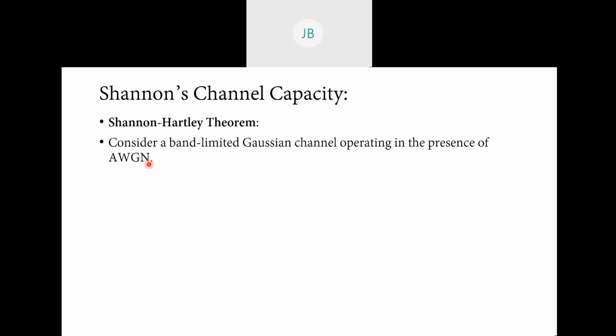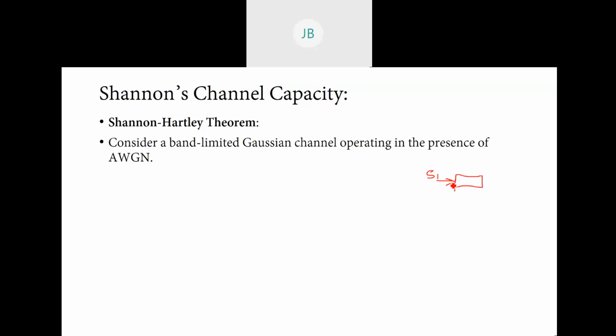So we have some information source that emits different symbols into the channel. Maybe as shown here, we have a channel, and into this channel an information source emits different symbols.